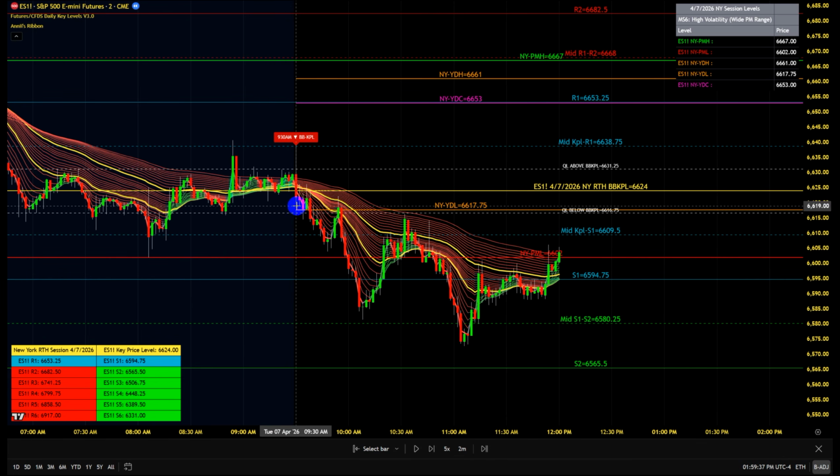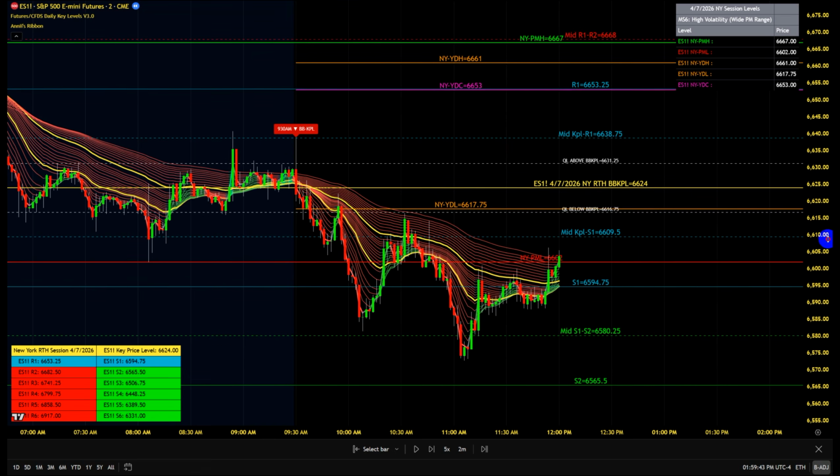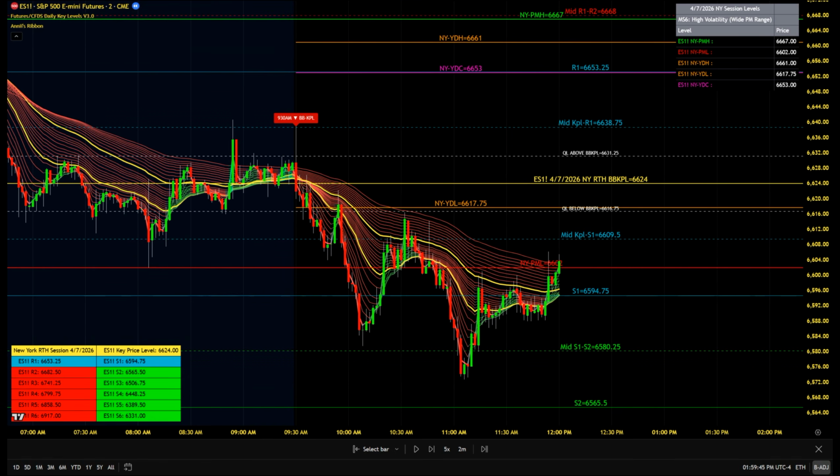Okay, so we have the ribbon confirmation on the 9:30 a.m. BBKPL close. As you can see, this is pretty close to this YDL level, so I don't know if you would consider that too close for a micro scalp. However, the PML level is before the S1 level.